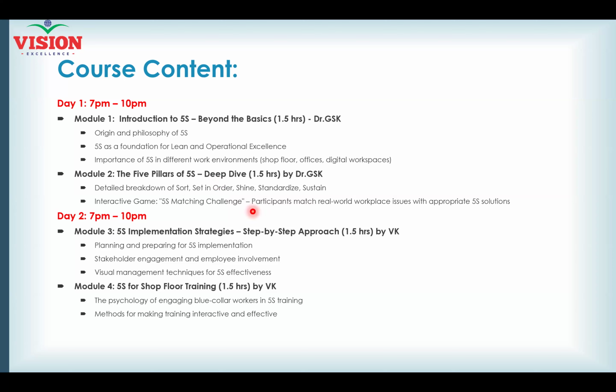Then next day, you will be guided by another senior consultant in our team, Mr. Vivek Kumar. So he will be covering the implementation strategy, step-by-step approach, how to plan and prepare the 5S implementation, how to ensure the stakeholders are engaged and involved, and then visual management techniques for 5S effectiveness.